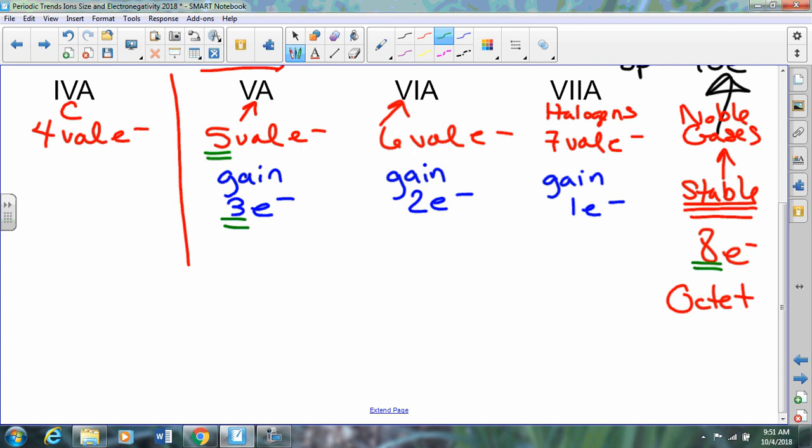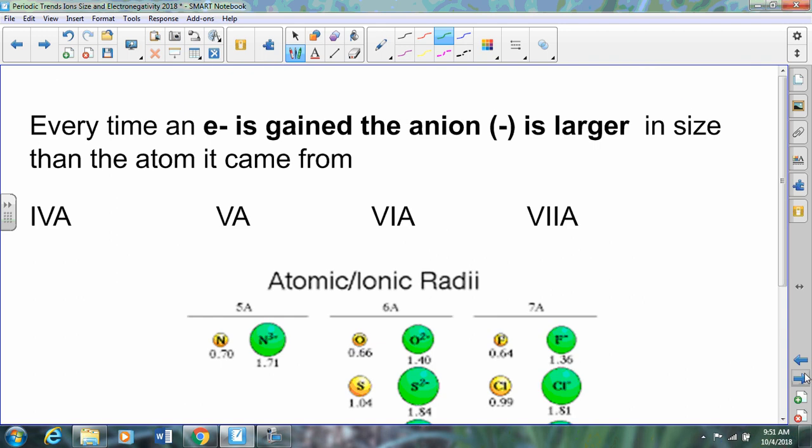Every time that electron is gained, the anion gets larger because that ratio is not correct. Remember, fluorine, right here in this picture, used to have 9 protons and an equal number of electrons. This fluoride still has 9 protons, but now has 10 electrons.